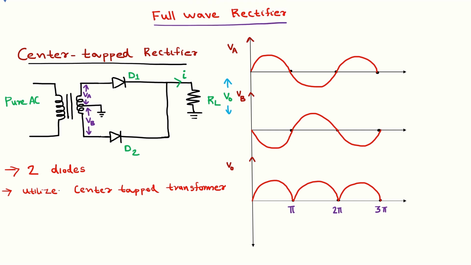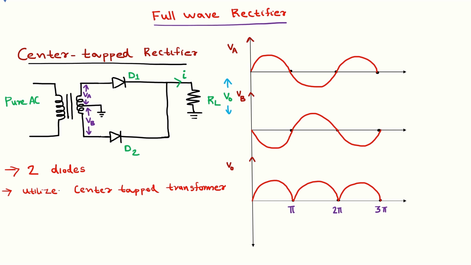Then I will explain what a center tapped transformer is. In a transformer there are two windings, primary and secondary winding. In a center tapped transformer, the secondary winding is divided into two halves, and the common point of these two portions is grounded.